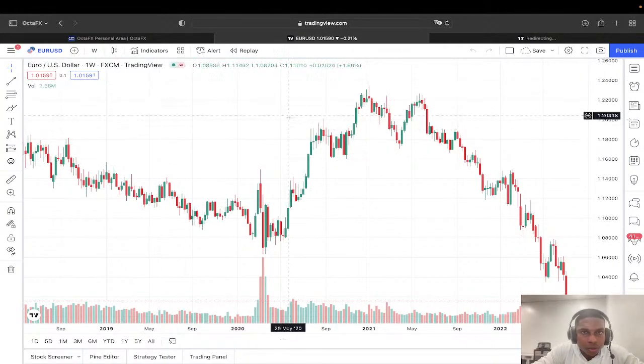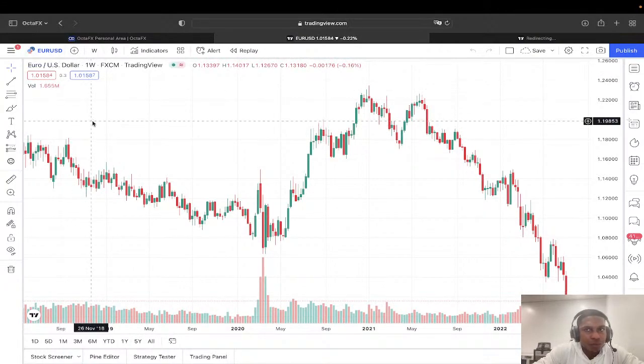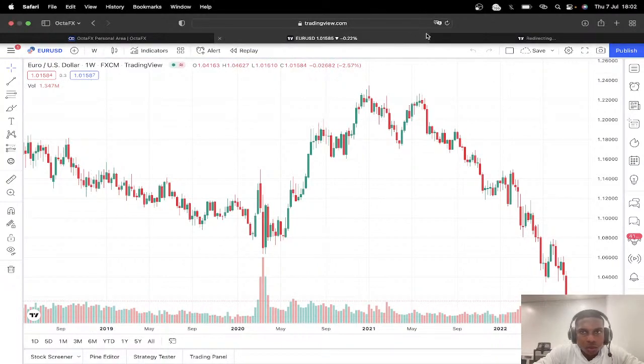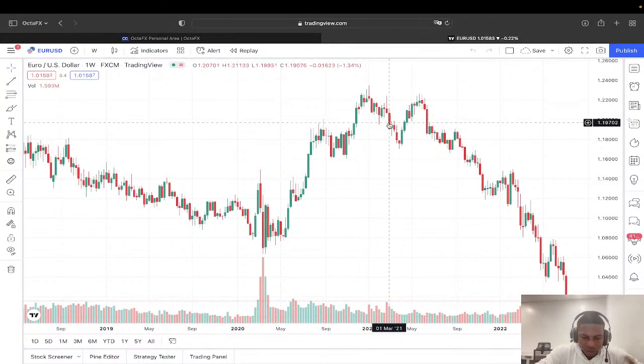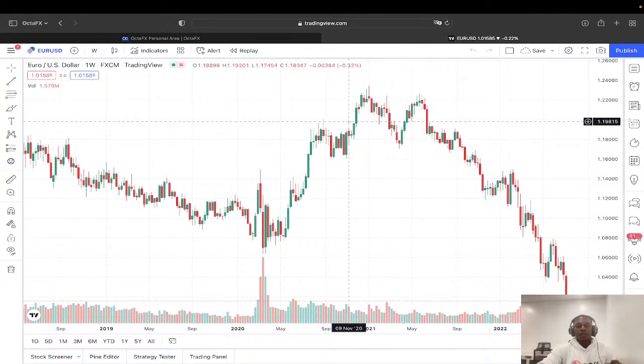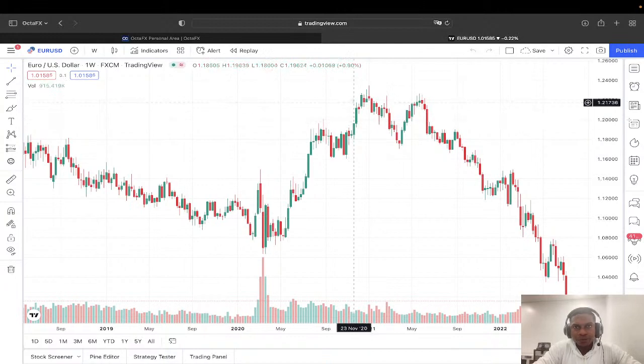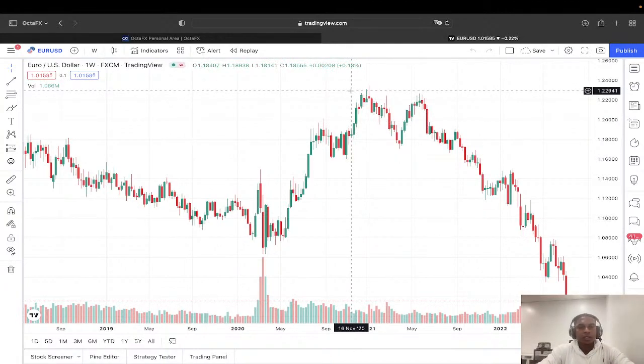Today we'll be analyzing the Euro USD, then we'll move to gold, and then I'll open up a suggestion to everyone to tell us what currency they would love to see analyzed. So today we're looking at the Euro USD.